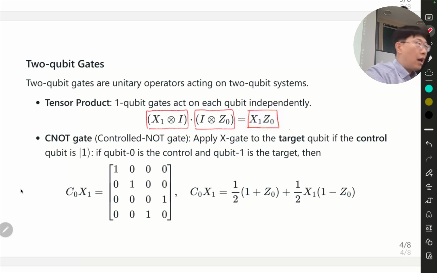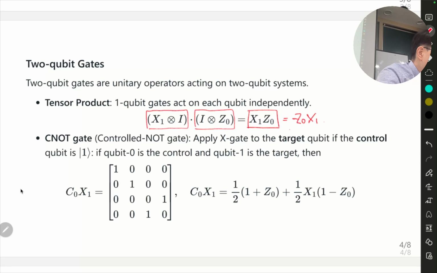It doesn't matter if you switch the order of these two gates, because they act on different qubits. So this is the same as Z0 X1, and so on. So that's a 2-qubit gate, but it's actually the same as applying 1-qubit gates.